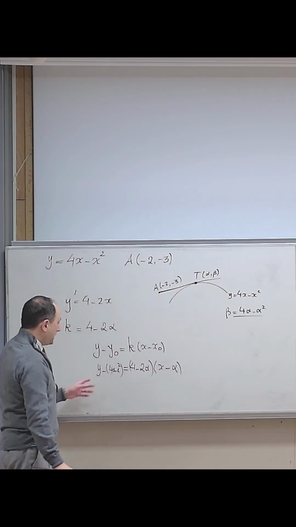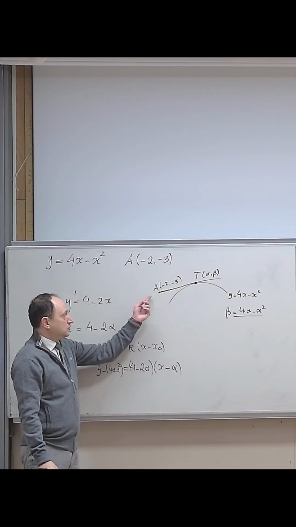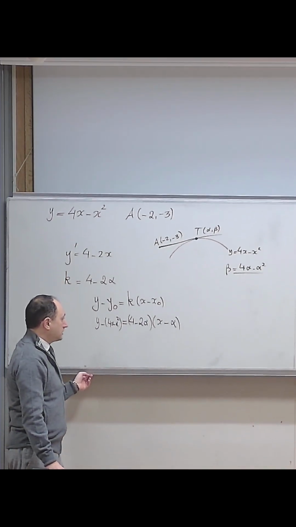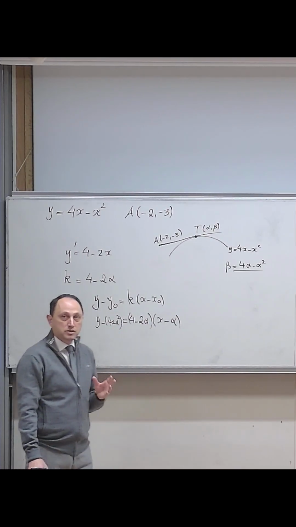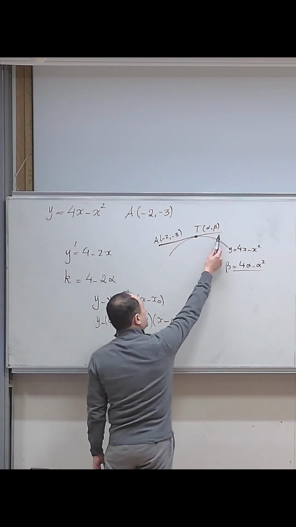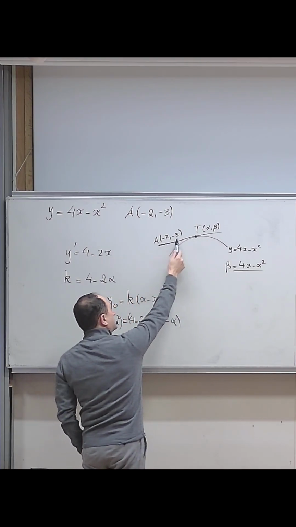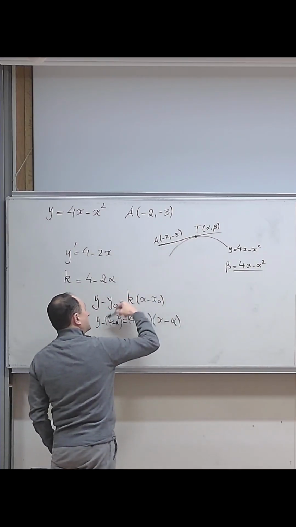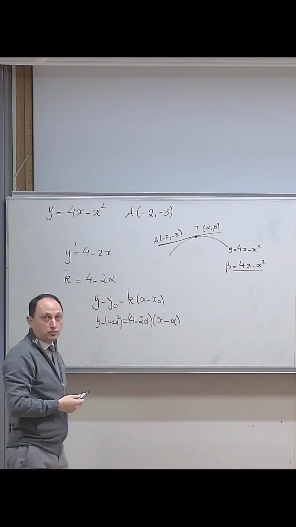Okay, so this is supposedly the equation for this tangent line. But the problem is that I cannot claim I found the equation because alpha is still not known. But I have one piece of information that I haven't used so far, and that is the fact that this line is supposed to pass through point A as well. So the coordinates of this point will also satisfy this equation, meaning that if I replace y with the y value and x with the x value, this equation should hold.